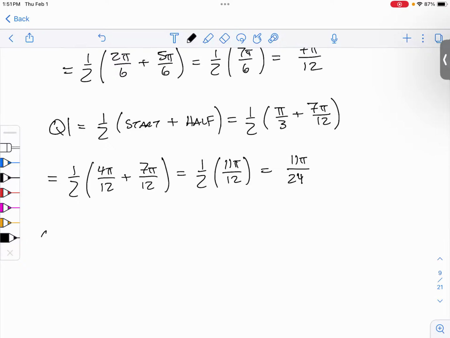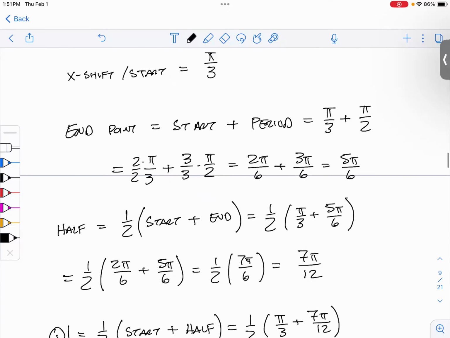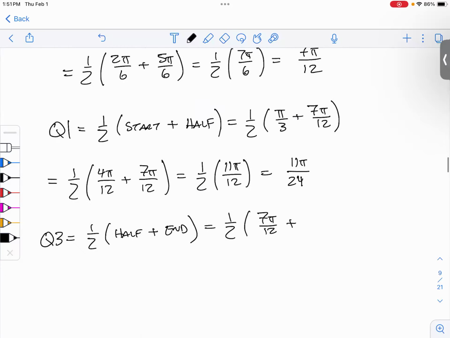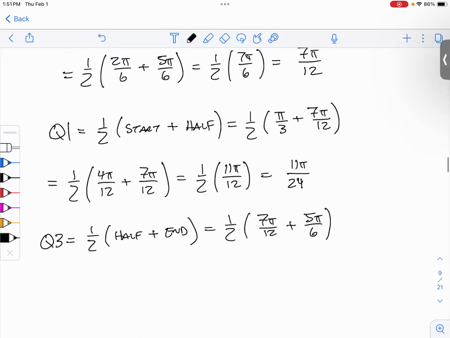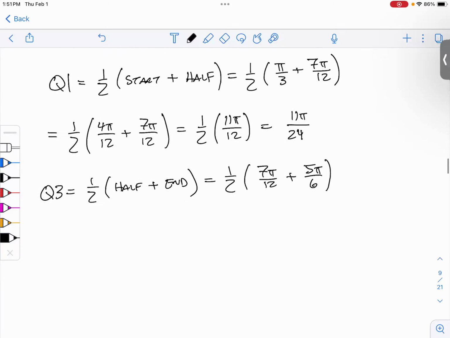All right, and lastly, our 5th point, Q3, halfway plus the end. What was halfway? End 5 pi over 6. Half was 7 pi over 12.